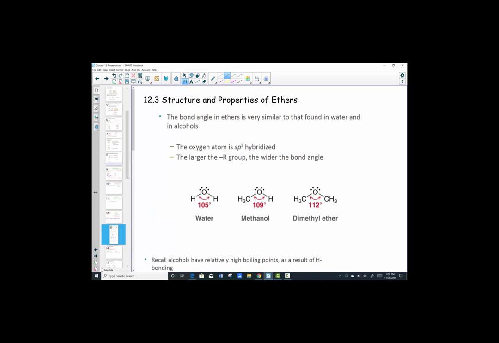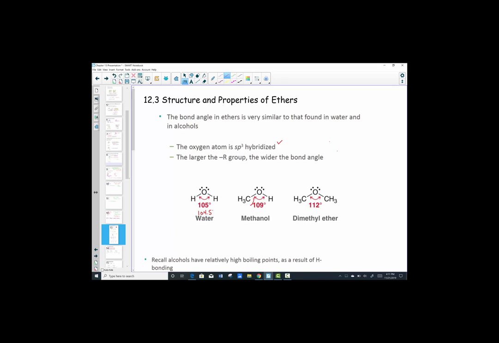And the last section, a very brief topic about structure and properties of ethers. So I mentioned at the start that the functional group of an ether is very similar to that of water or an alcohol, being that it's an sp3 hybridized tetrahedral, four electron domain. So notice that water they have listed as 105. I actually learned that as 104.5, but somewhere in that neighborhood for a bond angle.